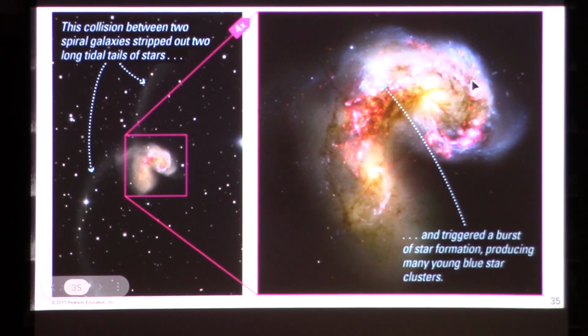Yes? You mentioned that some of them got flung out in those tails of stars. How much of the galaxy would be lost to that, and how common is it for stars to not be connected to a galaxy? So, I don't think it's a lot of the mass. You watch that simulation, right? It mostly stayed in the middle.